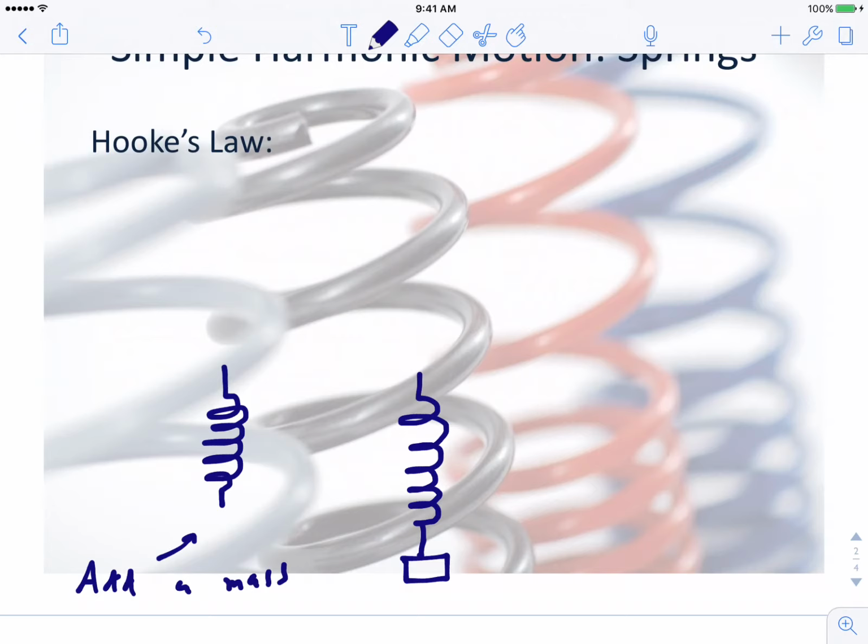And it probably also makes sense to you that if you add more mass to the spring, that is going to be stretched even further.